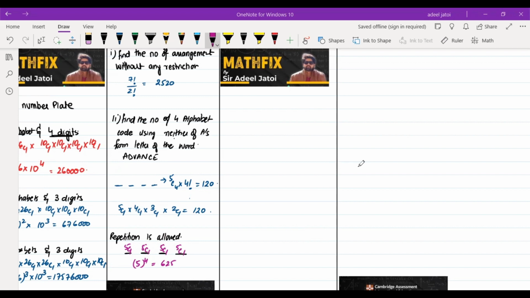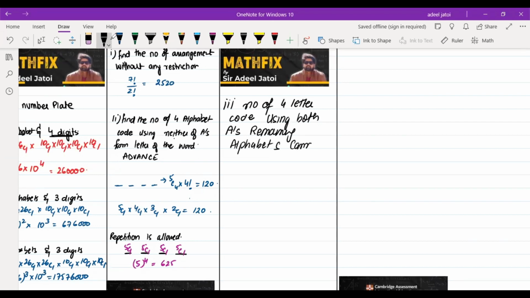Clearly, if the question says in part 3, number of 4 letter codes using both A's, remaining alphabets cannot be repeated.